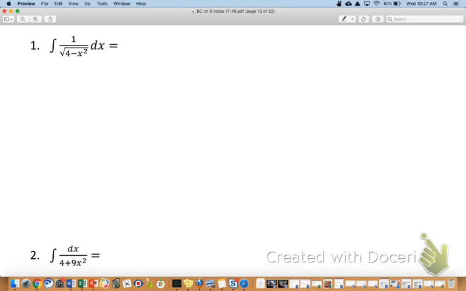Math is supposed to make sense. It's supposed to be logical. There should never be a point where you say, oh, and we just do some magic and we erase a couple things and there's the answer. It should always be, well, I added this over to the other side and here's why. And this comes over here and I did this thing here and here's why this makes sense.